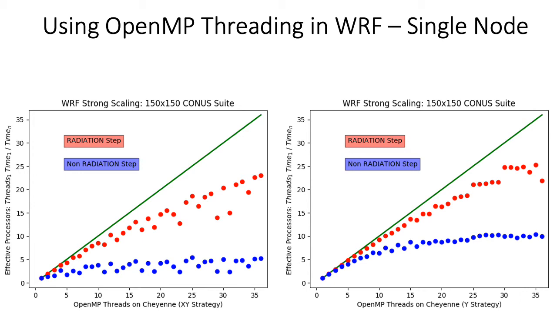Typical of all the plots that we're going to show, as you move from left to right on the bottom of each plot, we are increasing the number of processors. And as you move from the top to the bottom, what we have is the effective number of processors that are being utilized. Again, perfect scaling would be along the green line. In both of these, you notice that the radiation steps tend to be much more efficient than the non-radiation steps.